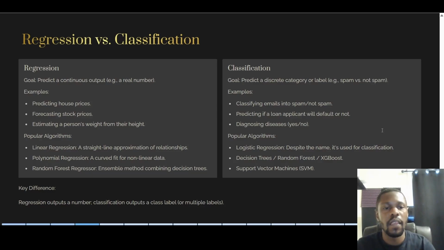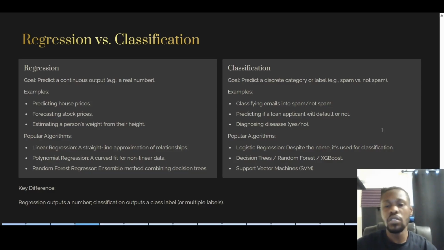Other examples would be forecasting a stock price or estimating a person's weight from their height. So if a person is 6'1", looking at previous data that we have for people that are 6'1", they tend to weigh 80 kg or whatever it may be. And so that's the difference between regression versus classification in a nutshell.